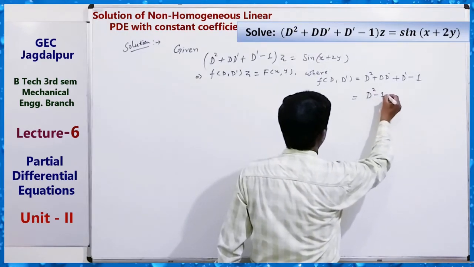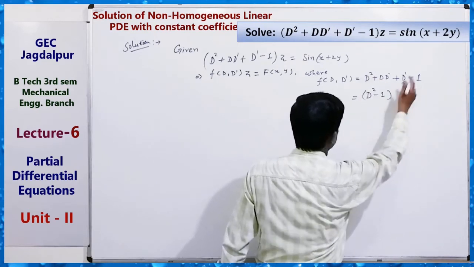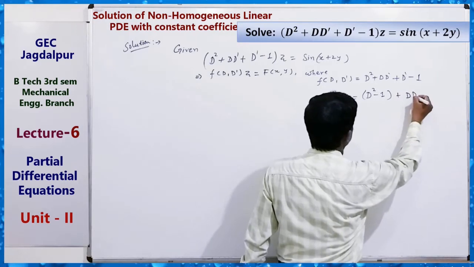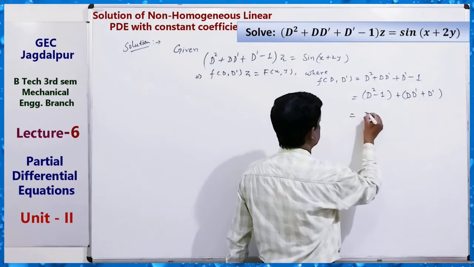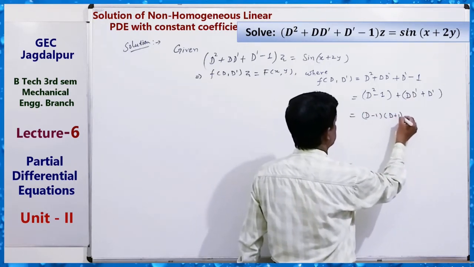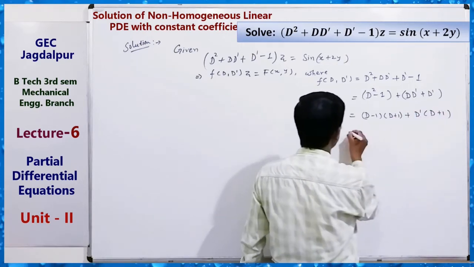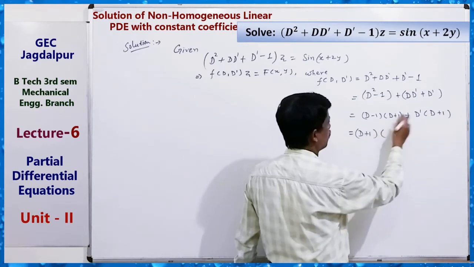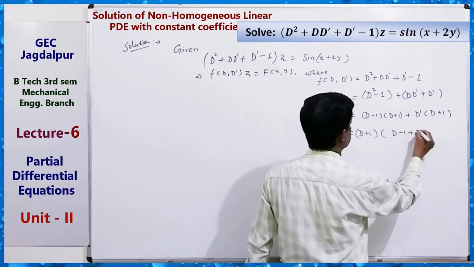D² − 1 + D'(D + 1). Here (D − 1)(D + 1) plus D' with D + 1 common, so we can write (D + 1)(D − 1 + D').